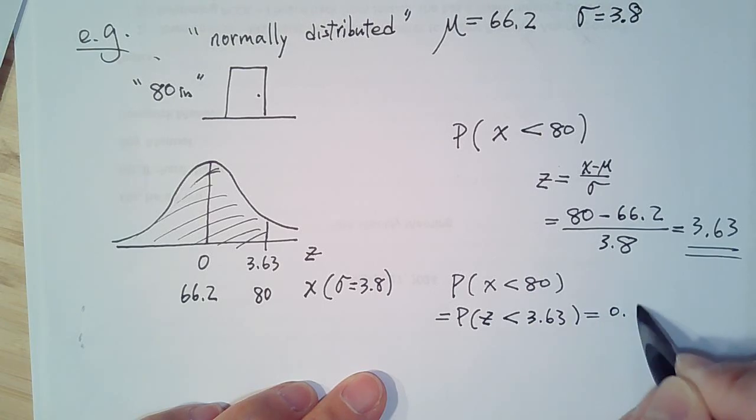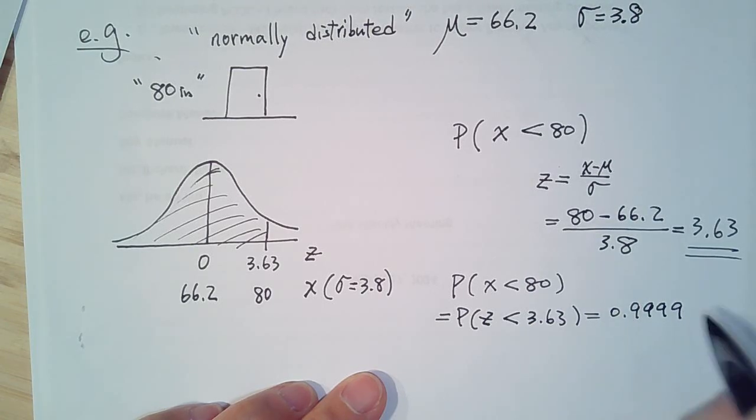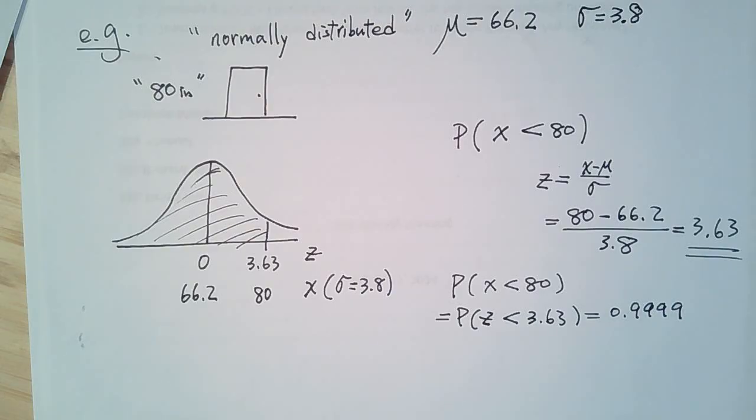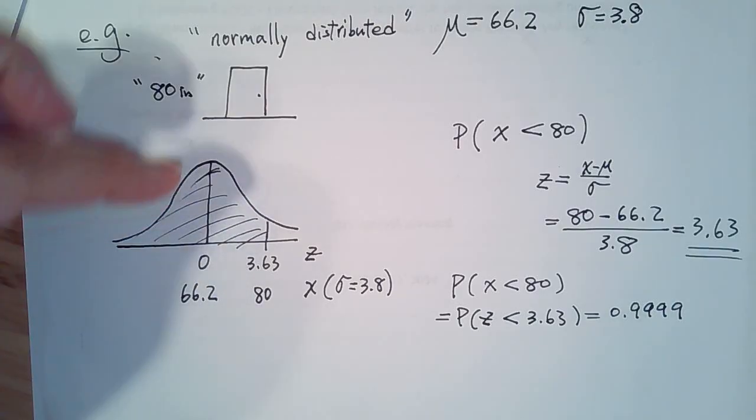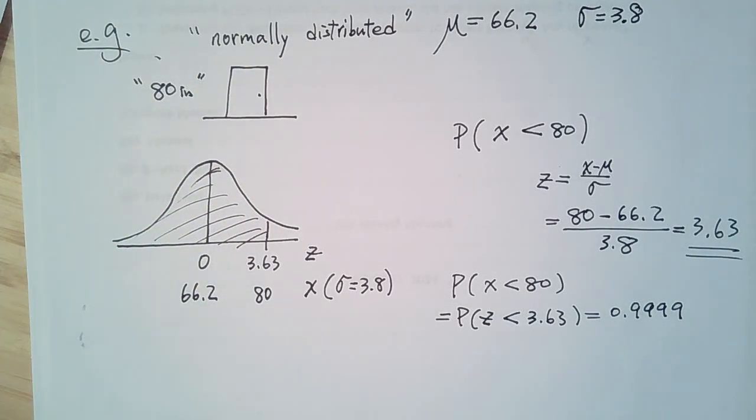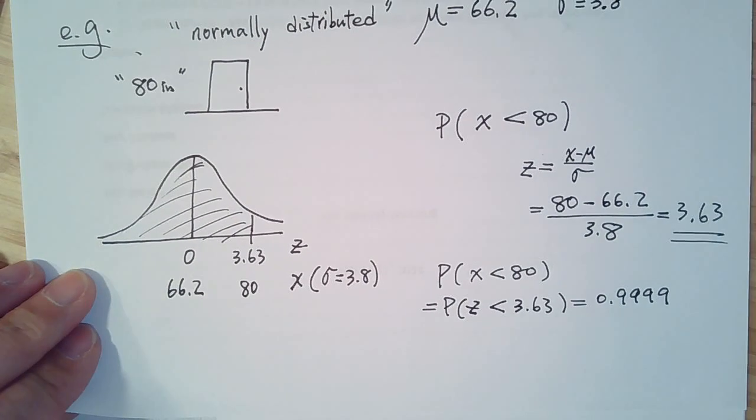That's 0.9999. So 99.99% of the adults have height less than 80. So then this 80 inches is perfect. That's not a problem at all. So that's one way to solve it.